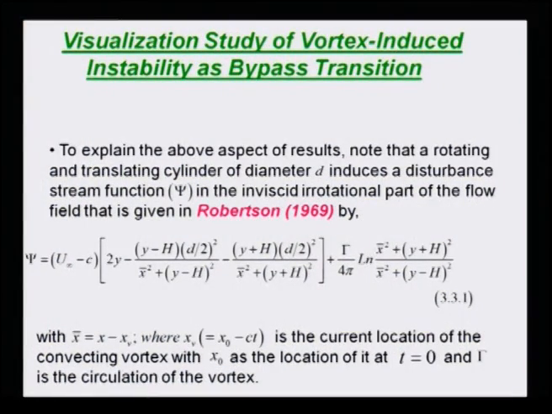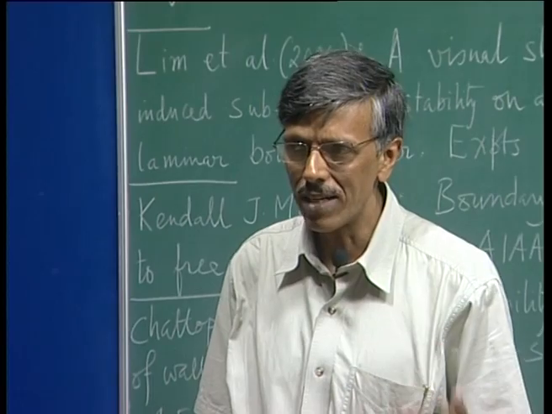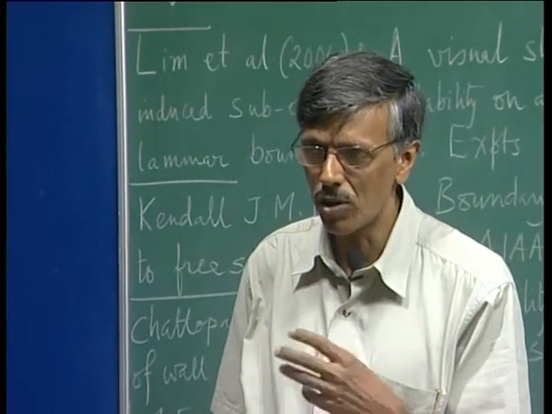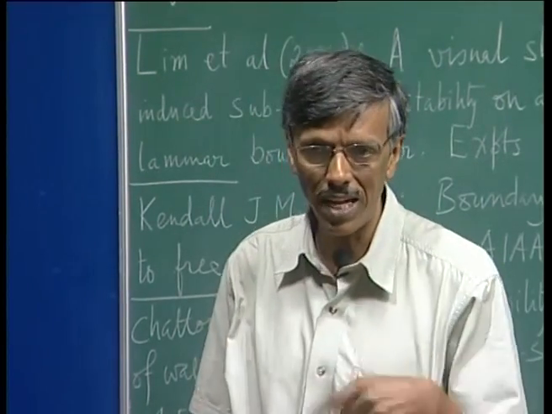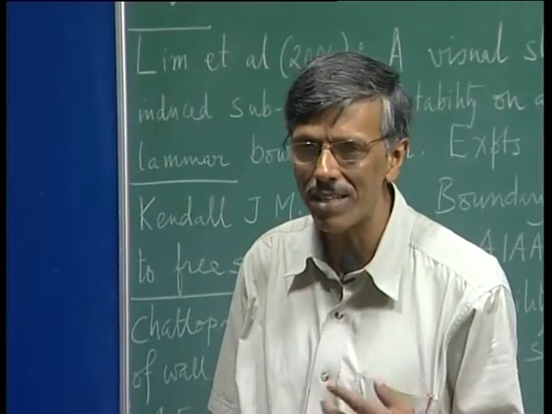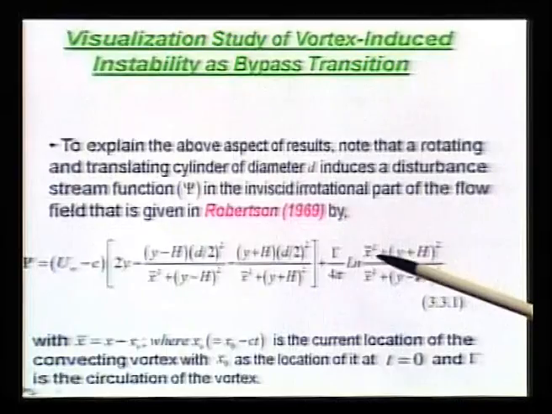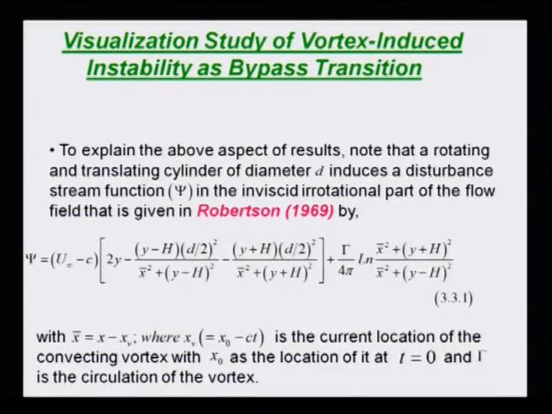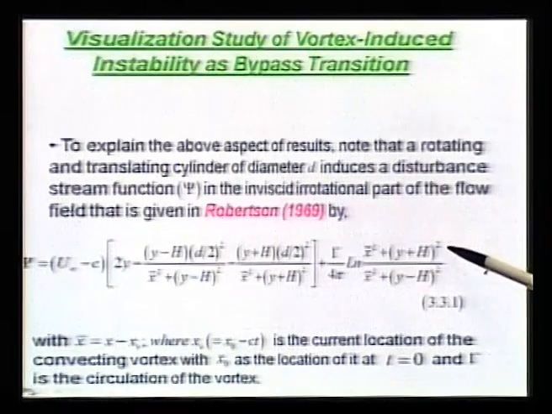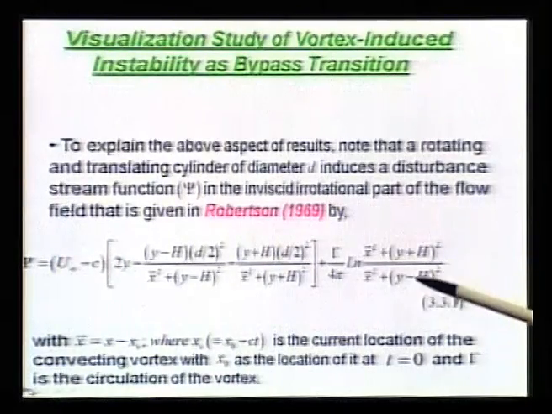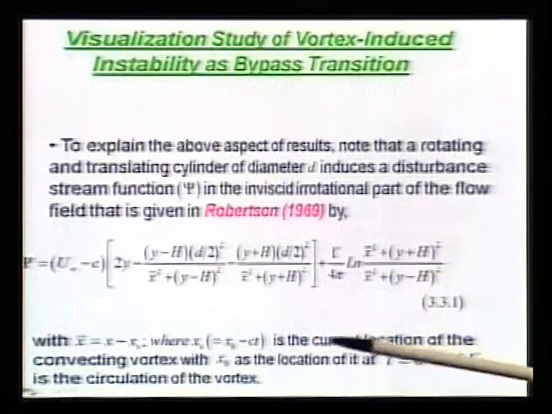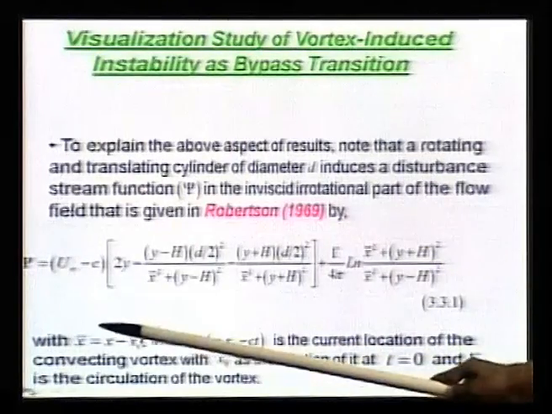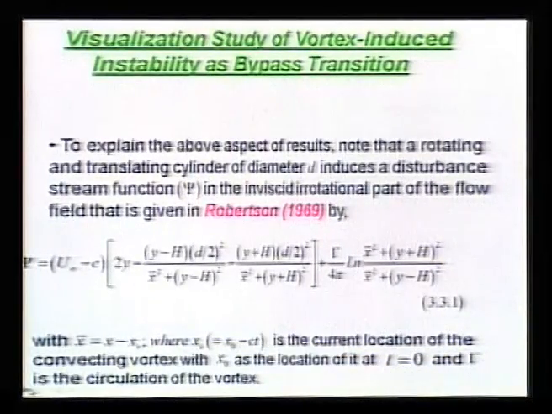Well, it is a subtle thing, because we are creating a relative speed, and that relative speed, if you recall, as the cylinder is rotating, creates the circulation. So, gamma itself that we have here is a function of c. That is why. The dependence on h is pretty much obvious, and of course, you can also say that c comes in through the definition of x bar, because that is what you have there.